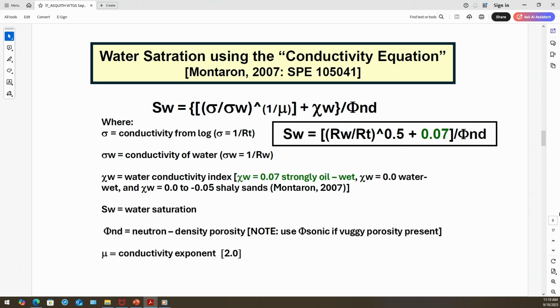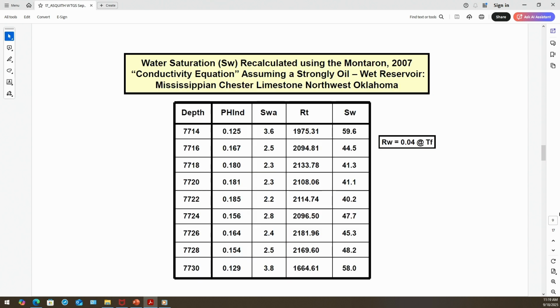The correction he recommends is a value of 0.07. That's literally a bulk volume water, all he's adding there, of 0.07, and that's what's recommended for strongly oil wet reservoirs. Then you divide it by the neutron density porosity. So let's do that, and when we do that, you'll notice on the extreme right corner, we're getting reasonable water saturations now.